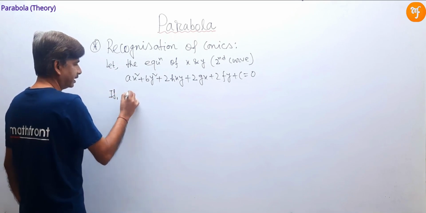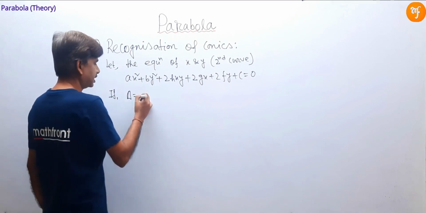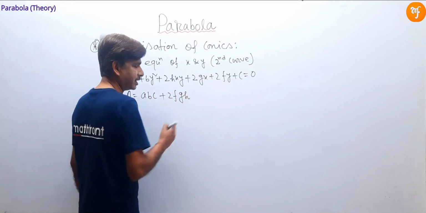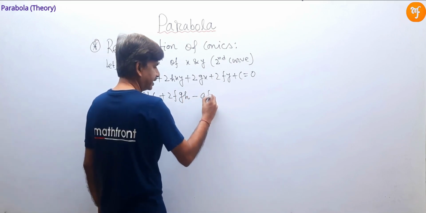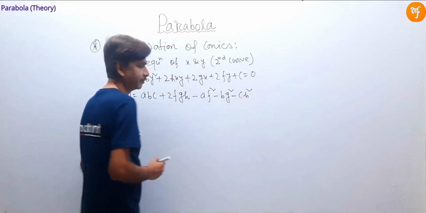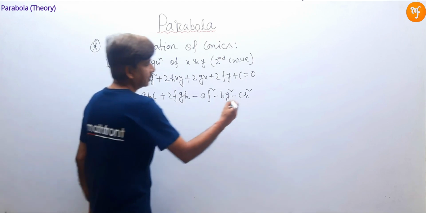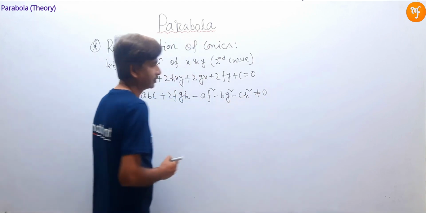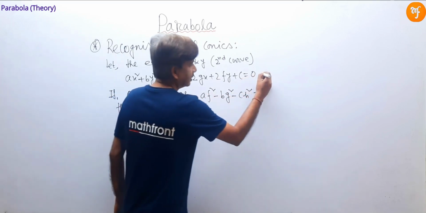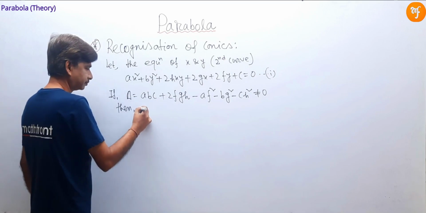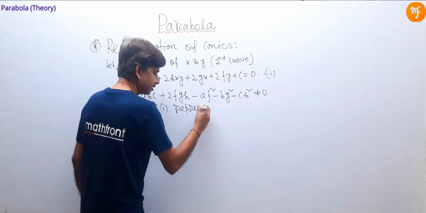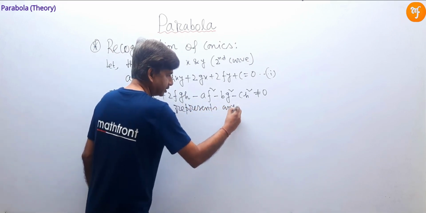If delta is a value which is equal to abc plus 2fgh minus af square minus bg square minus ch square, and if this value is not equal to 0, then this equation 1 represents a conic.